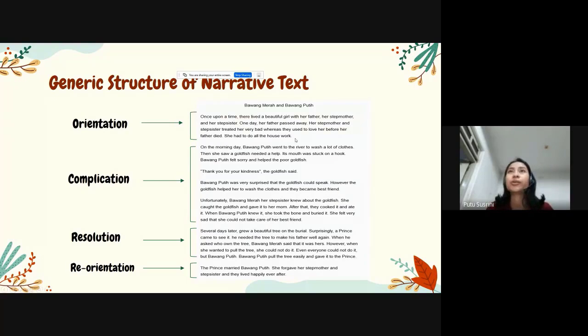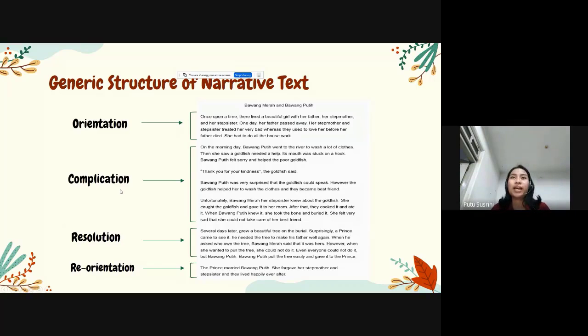For example, you can see here there is an introduction about Bawang Merah and Bawang Putih. They live with her father, her stepmother, and also her stepsister. So here is only the introduction of the story.